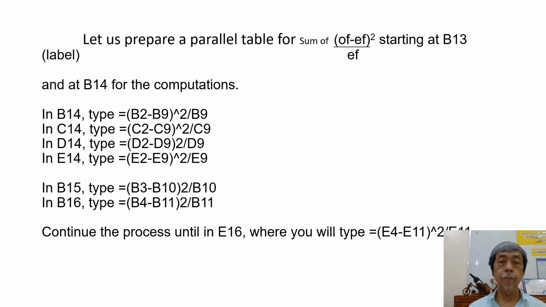In B14, type equals open parentheses B2 minus B9 close parentheses caret 2 slash B9, and continue the process until box 16, where you will type equals open parenthesis E4 minus E11 close parenthesis caret 2 slash F14 or F11.